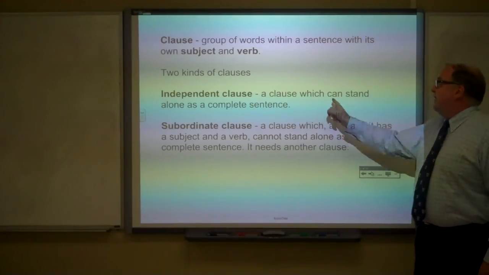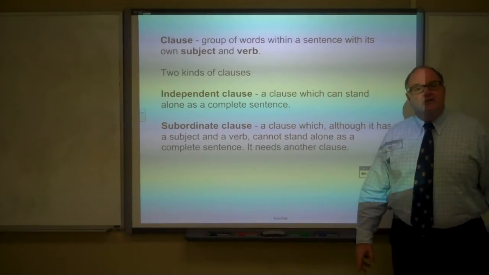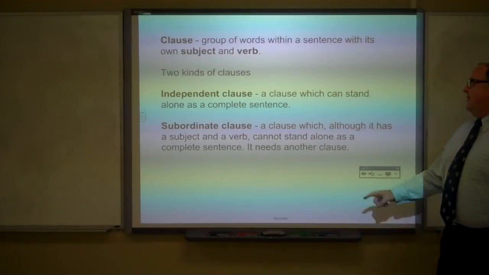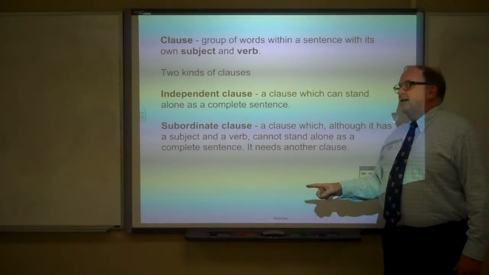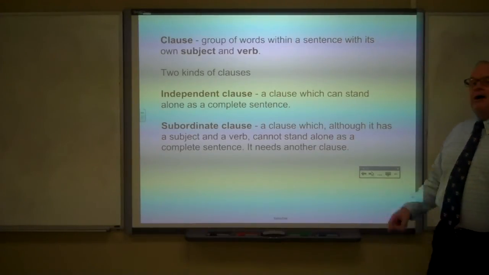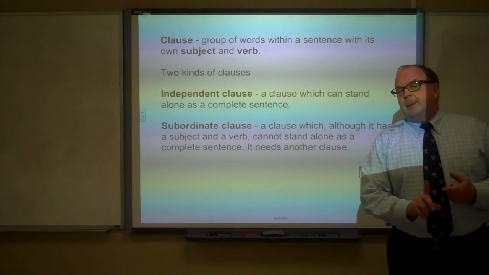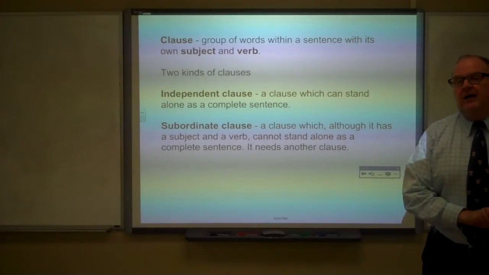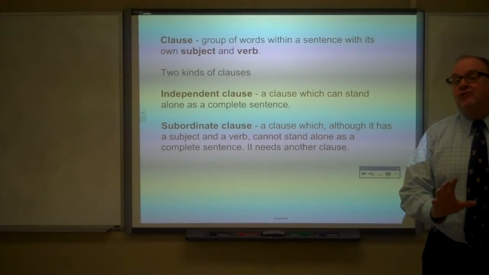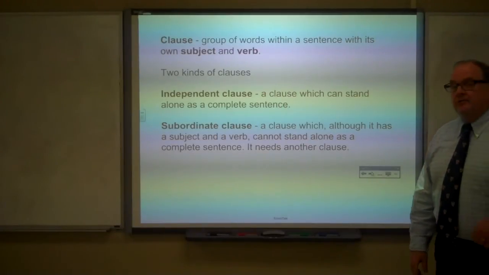There's an independent clause, a clause which can stand alone as a complete sentence, and a subordinate clause, a clause which, although it has a subject and a verb, cannot stand alone as a complete sentence, and it needs another clause. Remember also that I told you subordinate clauses as a whole function as a single part of speech.